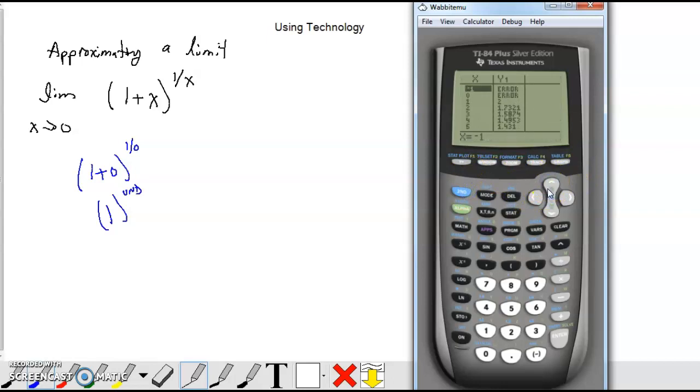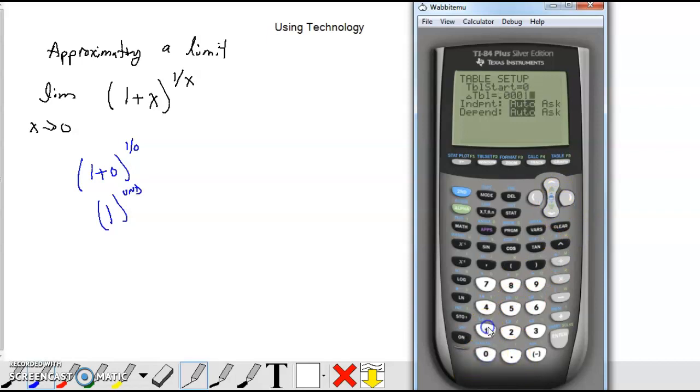So let me go to my table. Again, there's an error, so I want to make sure that I plug in a 0, and then I'm going to change my settings on my table. So table set, and then second table. I'm going to start my table at 0, and instead of going by ones, let's go by 0.0001.